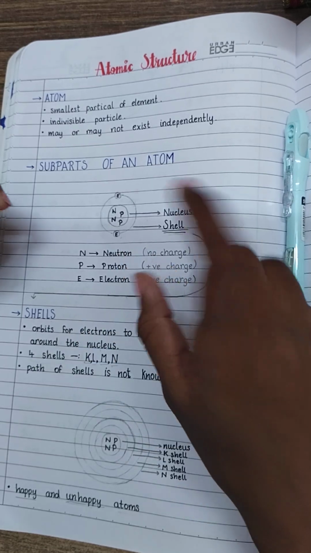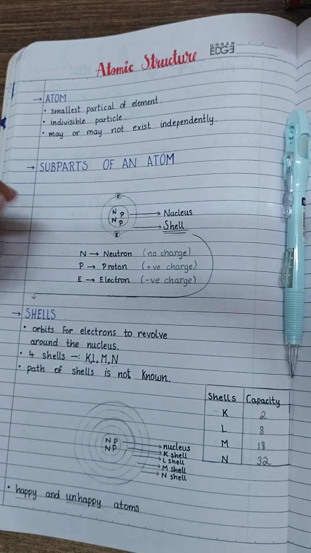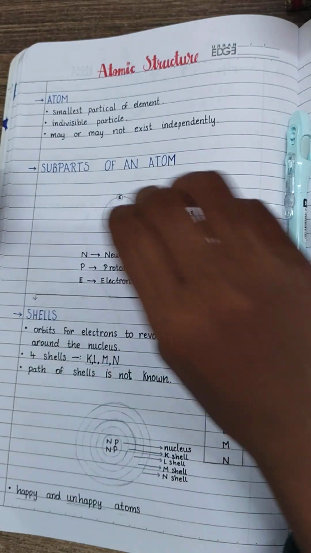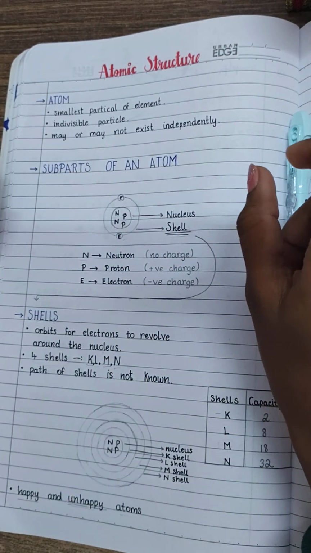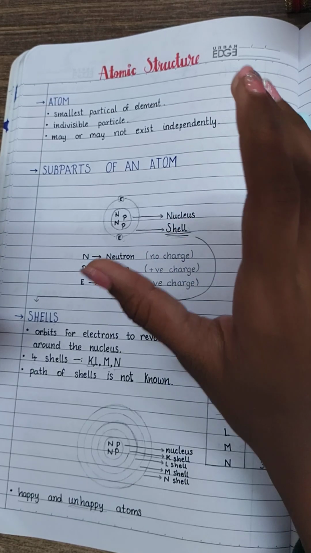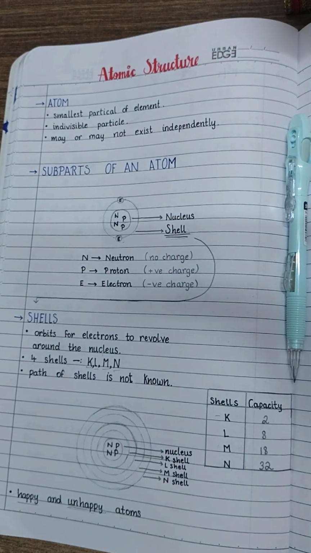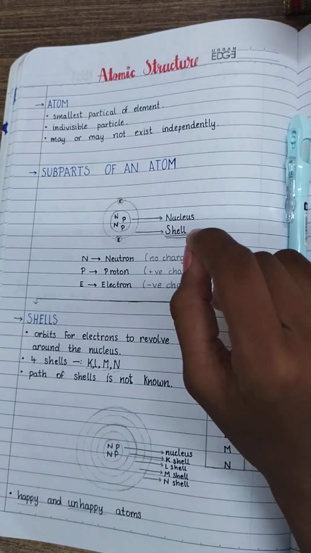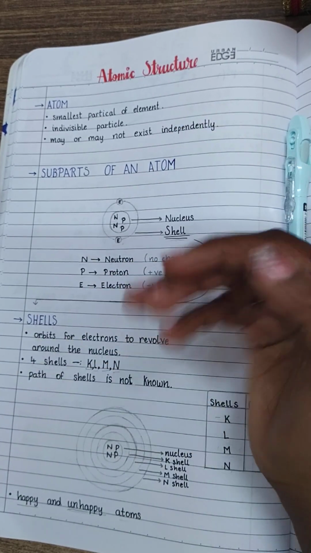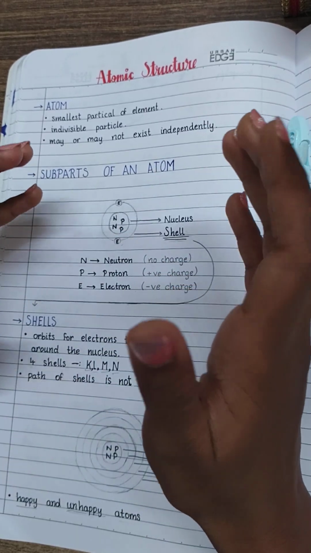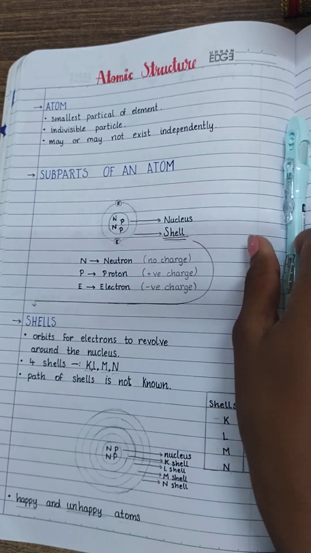This football is the nucleus. The nucleus is so tiny compared to the football stadium. That means the nucleus is really tiny, and the entire atom is filled with space other than the space taken by the nucleus and the electrons.